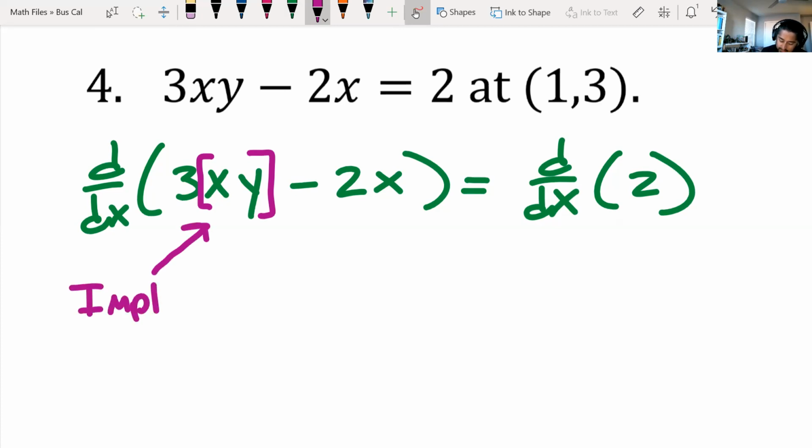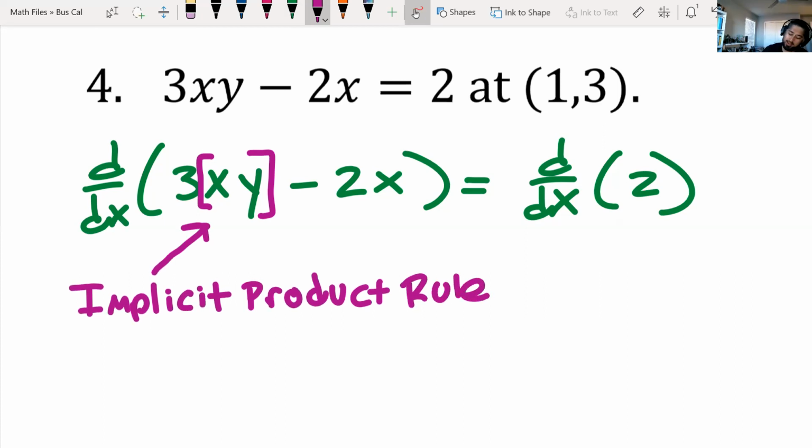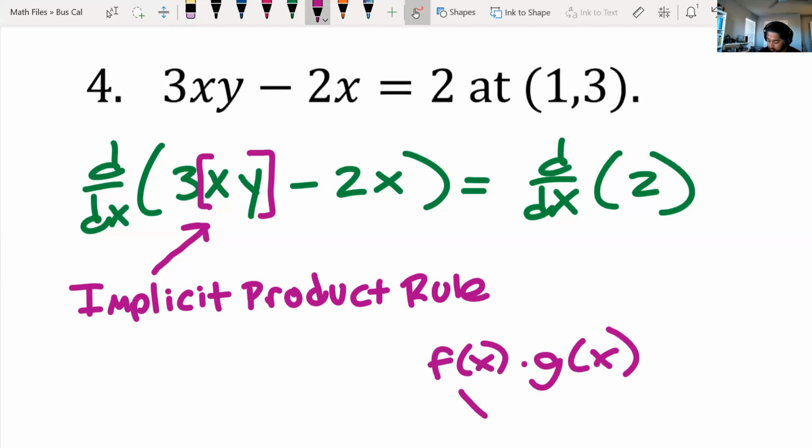I'm talking more in the sense of derivatives. The implicit product rule. Remember our product rule? You use product rule if you have one function times another, right? So in this case, since it's implicitly defined, x is one function and y is the other function, which means in order to take the derivative of this equation, we have to do an implicit product rule.